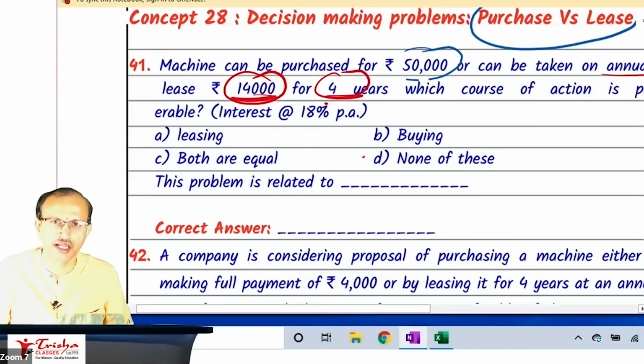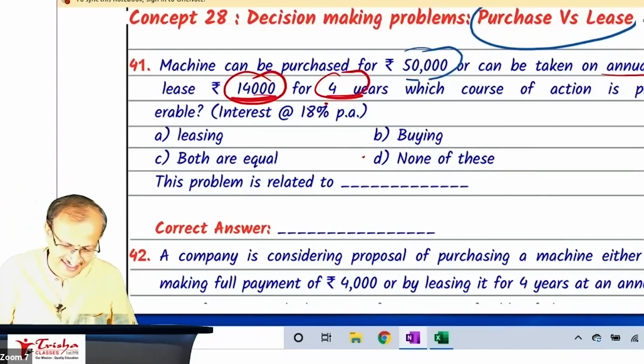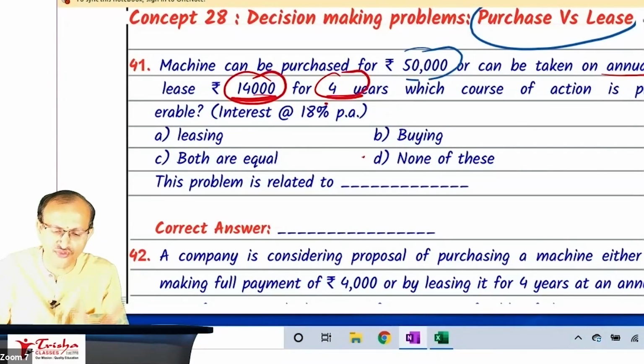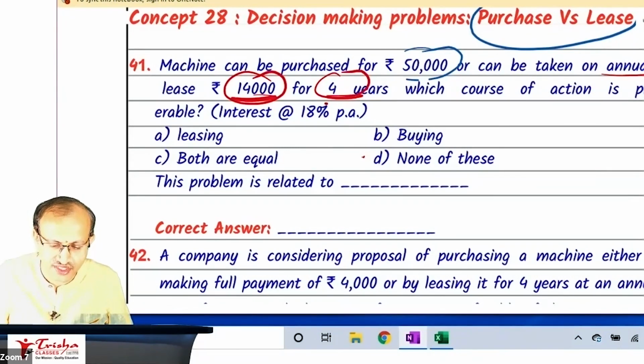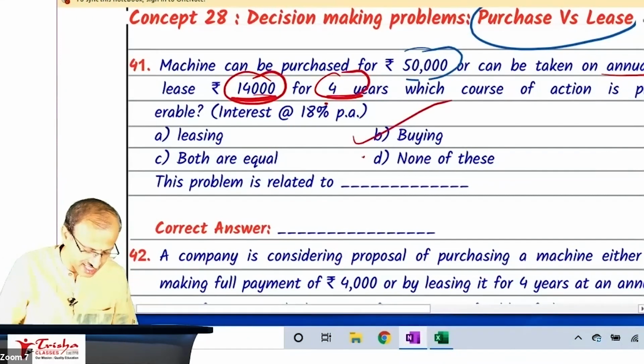As a rational thinker, will you go for buying or leasing? Which is cheaper to you? In buying you pay only 50,000, whereas in leasing you will pay 56,000. Almost 100 answers I have got, but another 50-60 students are still thinking. Super. So as you said, buying is the answer.